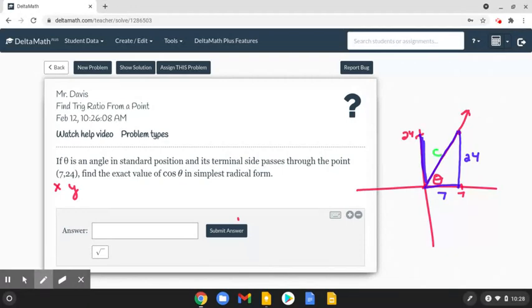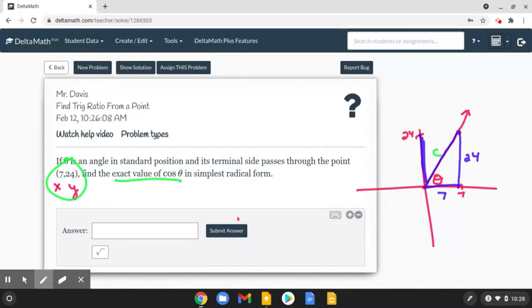And that's going to be the same on all of these. Basically, given this coordinate pair, those are just the sides of the triangle. You've got a 7 side and a 24 side, and you've got to find the c. After that, we're going to find the exact value of cosine of theta in the simplest radical form. So let's go ahead and find that c.